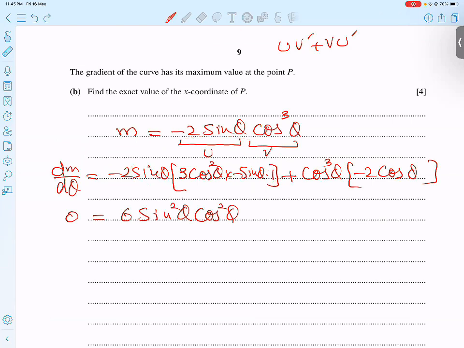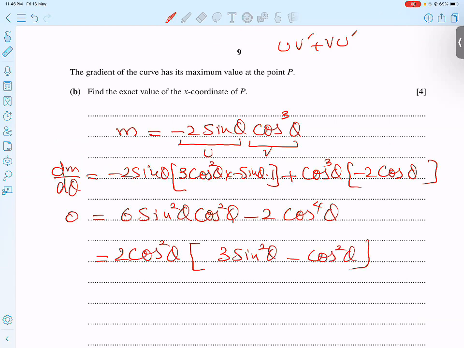I hope that's clear. Then -2 cos 4 theta, because cos into cos cube gives cos 4. Now, students, what is common from here? Cos square is common, and 2 also. Finally we have 3 sine square theta minus cos square theta. Let me recheck: 2 3s are 6, and 2 1s are 2. They are all correct.